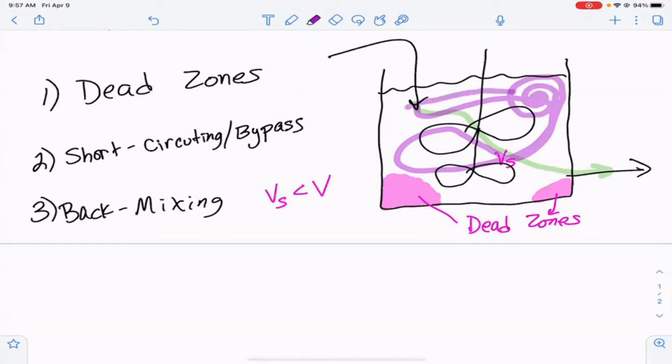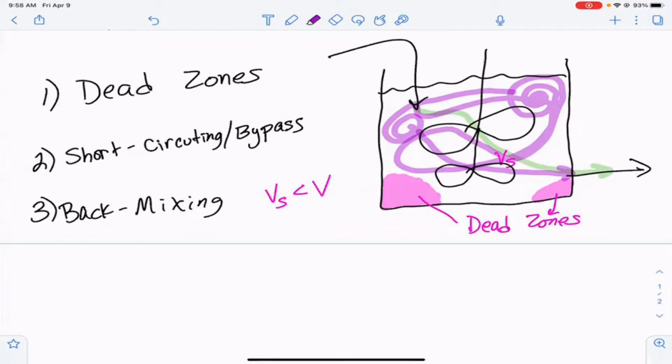And then after that, you come over here and you hang out here for a while, and then you go to the exit. Now, in that case, the residence time is much longer than you thought it was going to be. And these species end up having a higher conversion than you might have otherwise thought, but that comes at the detriment of other areas of the reactor.